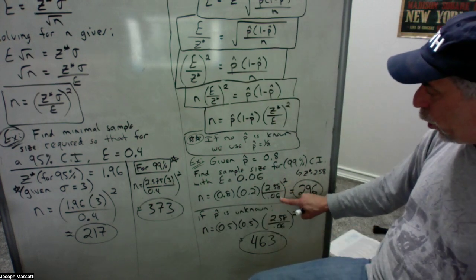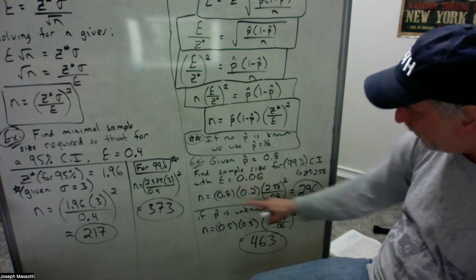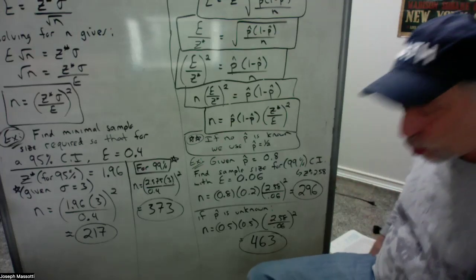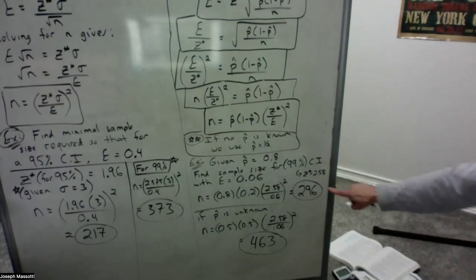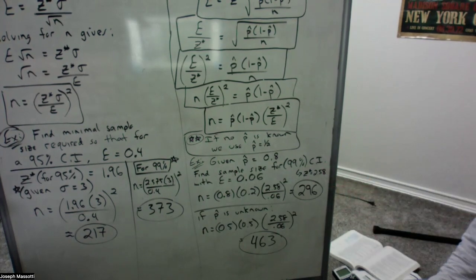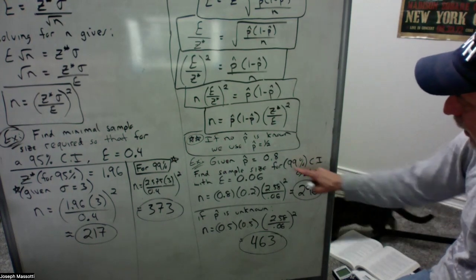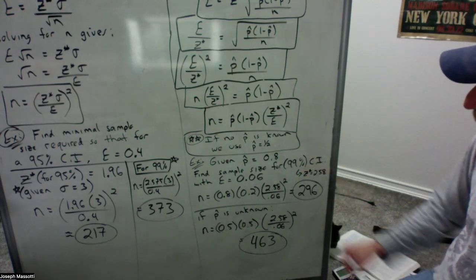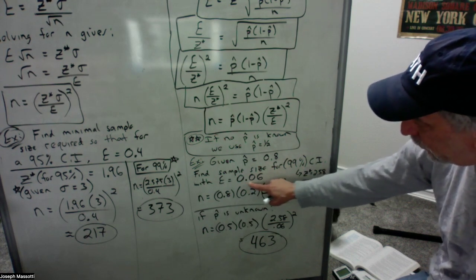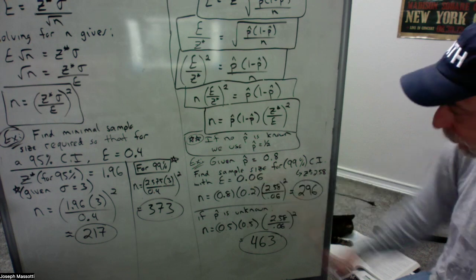Z critical over the desired margin of error, squared. We calculate that value, round up to the next highest whole number, and we get 296. So we need to have 296 individuals in our sample in order to form a 99% confidence interval with a desired margin of error of 0.06.